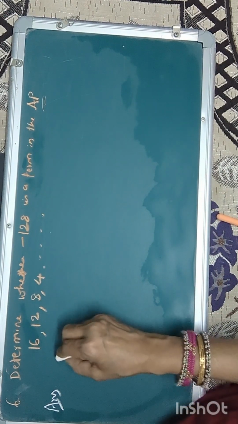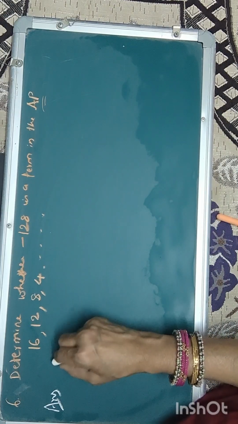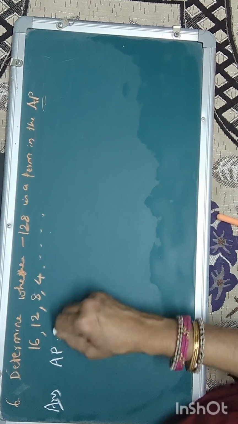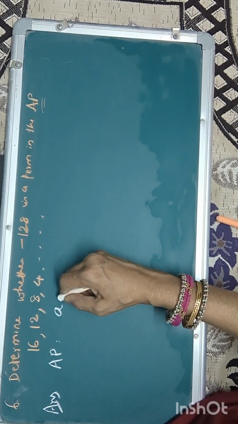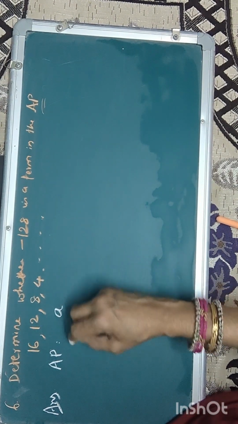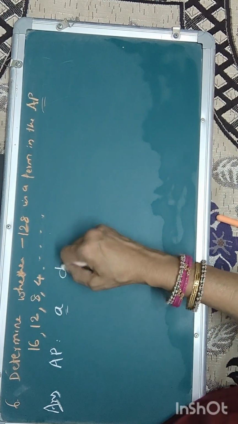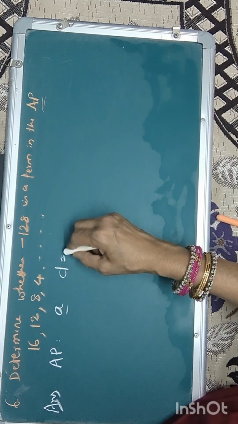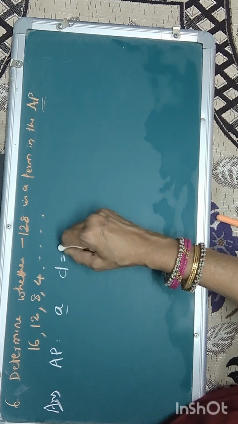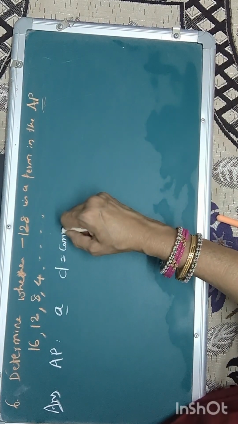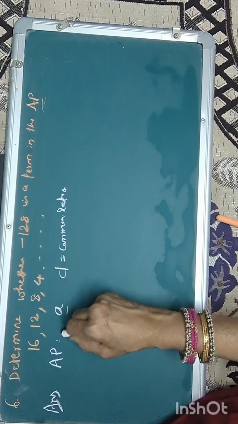So what we have to see, this is the arithmetic progression. In an arithmetic progression, the first term is a and the common difference is d. A is the first term.